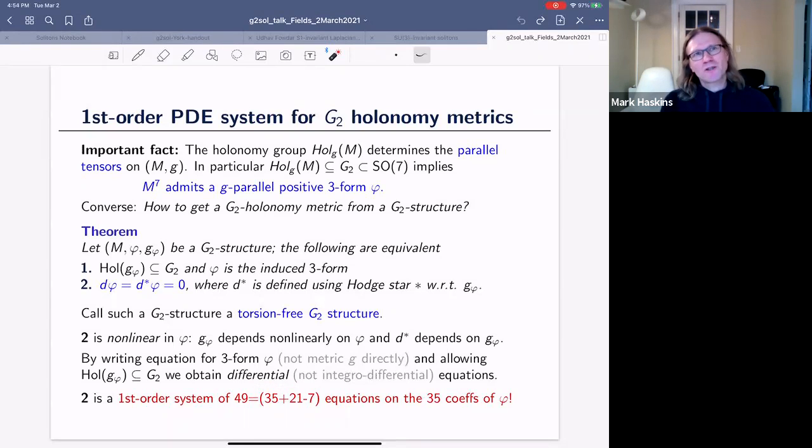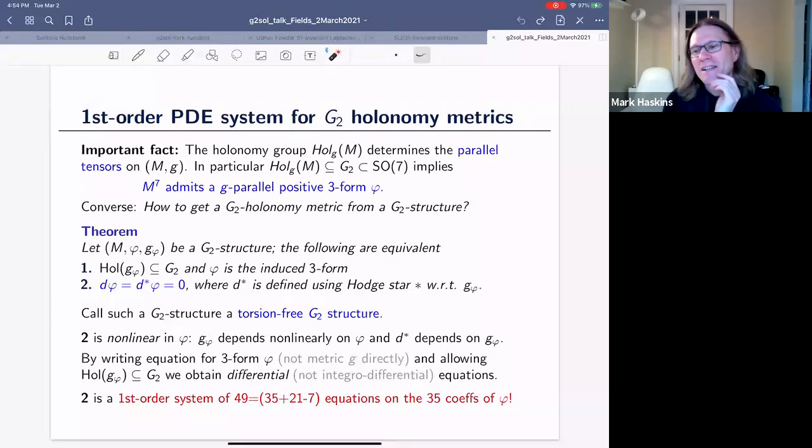I could try to think of the problem locally, and then my form would be exact and everything would change.